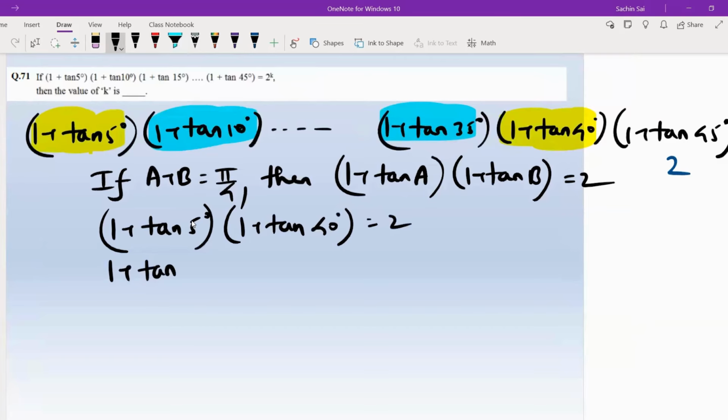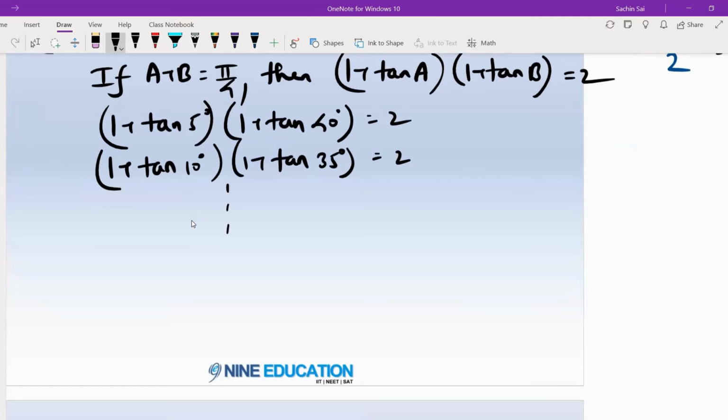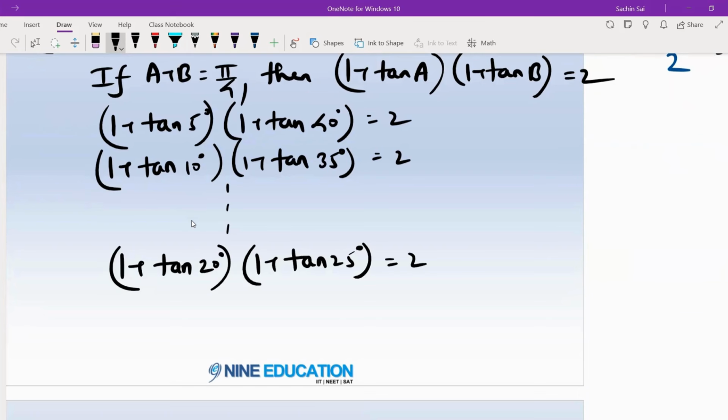Similarly, 1 plus tan 10 degrees into 1 plus tan 35 degrees is also 2. So if you keep writing this way, at one point, you will come across 1 plus tan 20 degrees into 1 plus tan 25 degrees is 2.